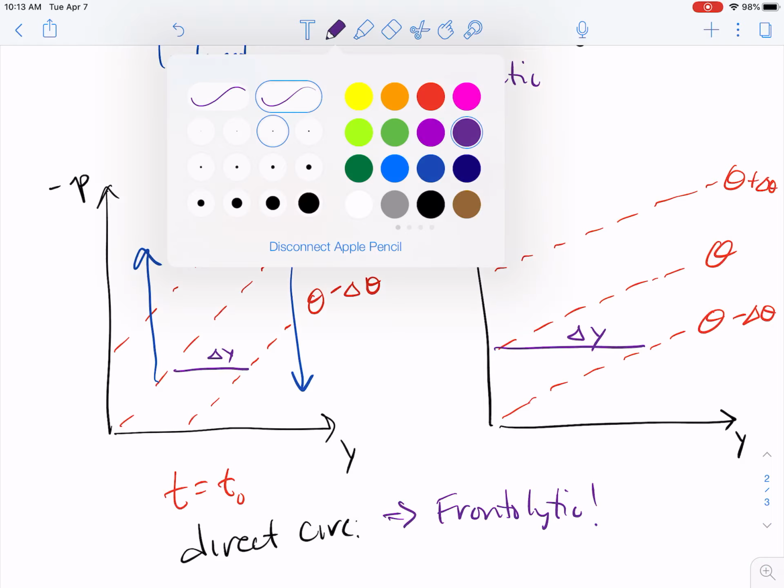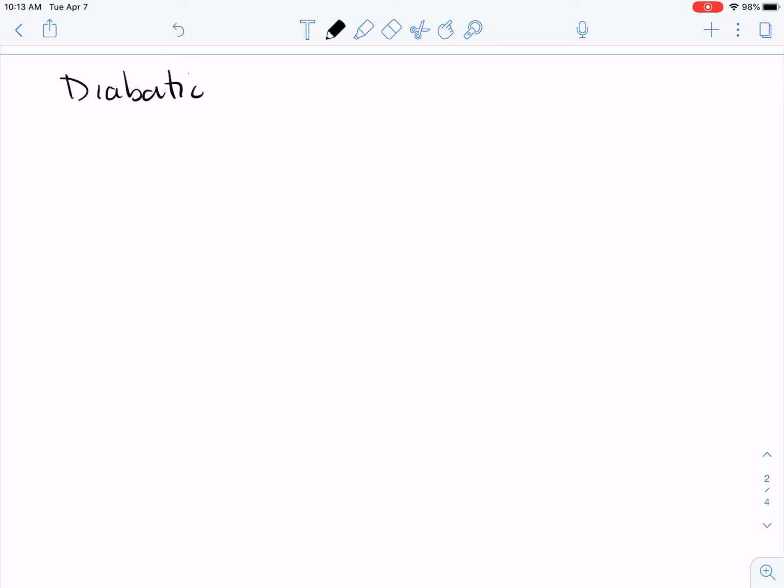One more term to go here, our diabatic term. It is again changing with time, but now it's changes in diabatic heating over our y direction. So we could look at a situation that looks something like this. Here's our ground. And now we're going to again be looking at a cross-section, and our cross-section may have some sort of frontal zone.